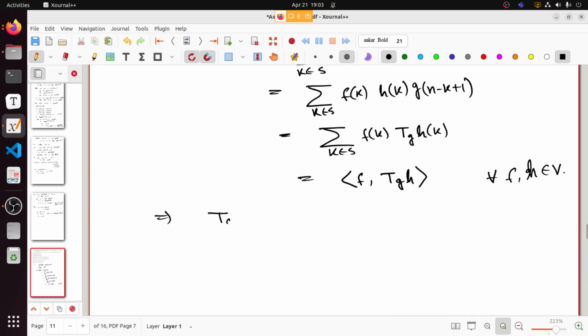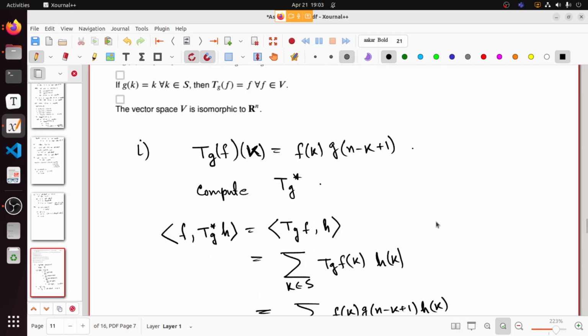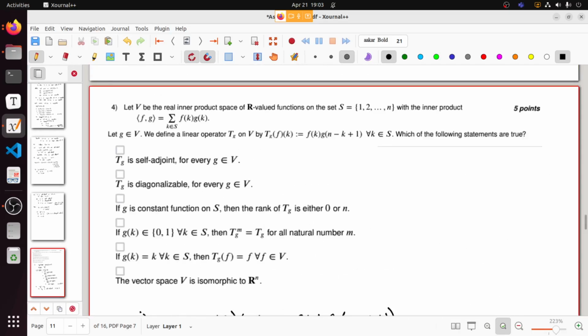Therefore we get Tg star equals Tg, meaning Tg is self-adjoint for all g belonging to V, which is a function on the set S, which is 1 to n. So the first option is correct.